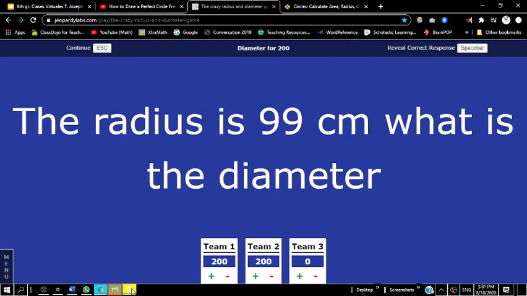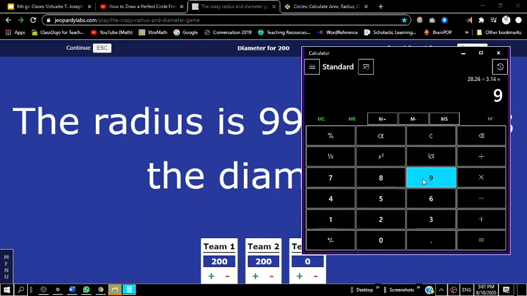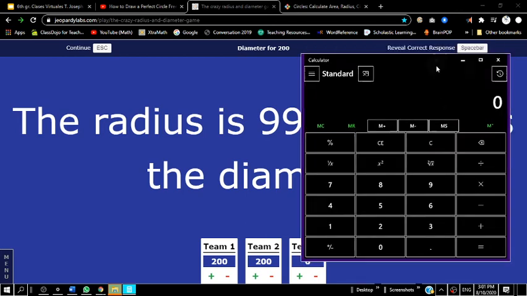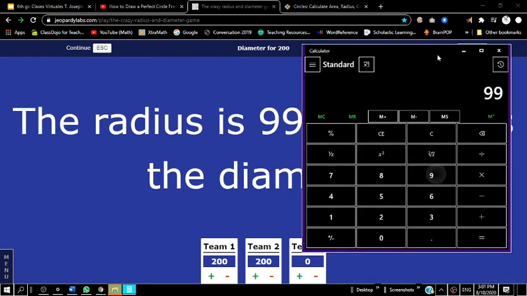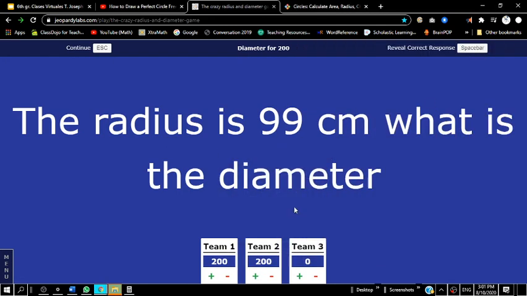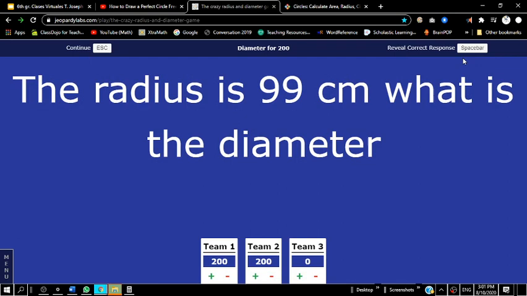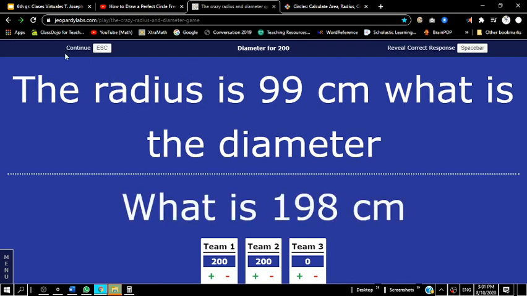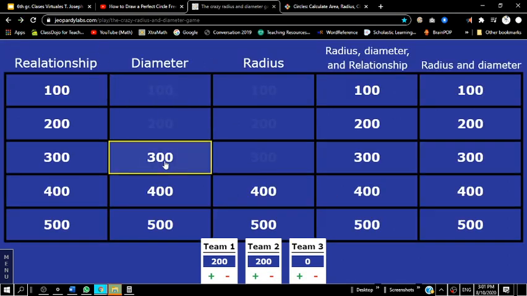Well, 99 divided by 2, no, times 2, sorry, because our radius is half, right? So we're going to take 99 times 2 to get 198. Let's see if we got it correct. We did. Good. And let's do one more problem.